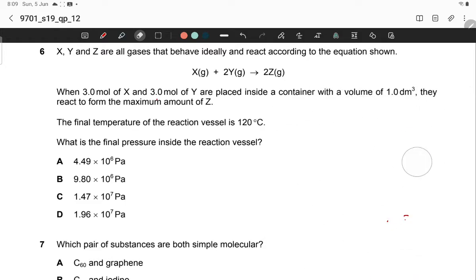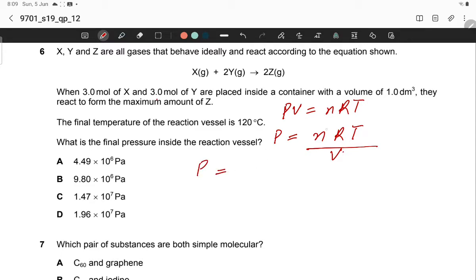So now we have 4.5 moles. By using PV is equal to nRT, P is equal to nRT over V. We know that moles are 4.5, R is the general gas constant, that is 8.314, value from the data booklet, and T is 120 degrees centigrade.